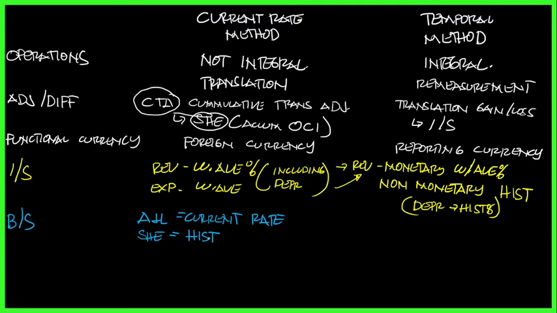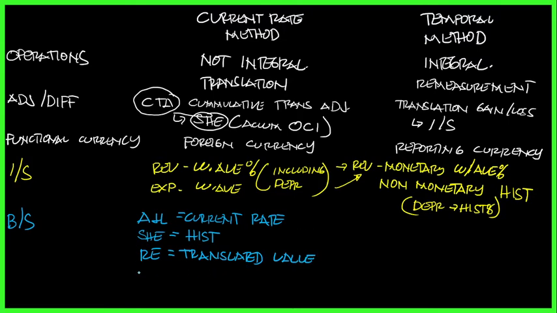Meaning, the issuance of shares of stocks, o kaya pag may mga dividends, may mga retirement, historical rate po pala yan. Now, your retained earnings will be at its translated value, or your translated amount.